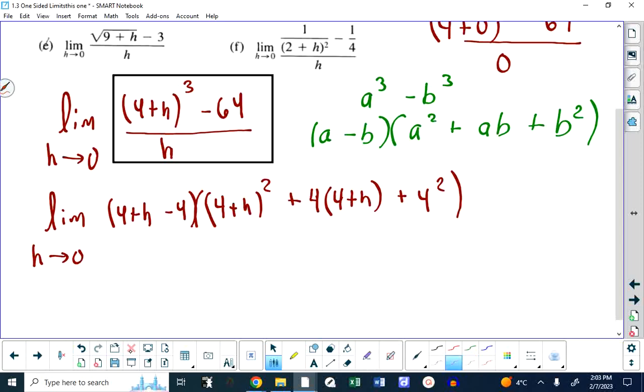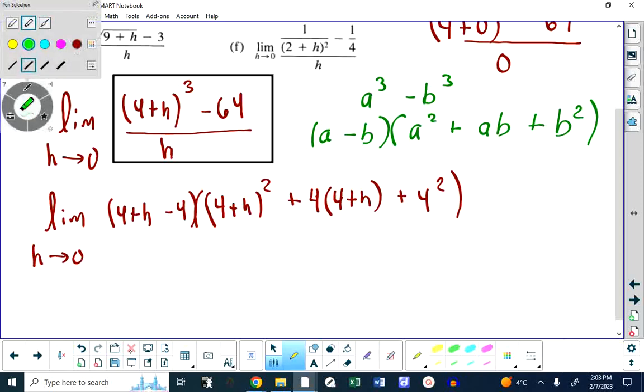So what's happening here is I'm equating a with the 4 plus h, and b with the 4. It's 4 plus h cubed minus 4 cubed.